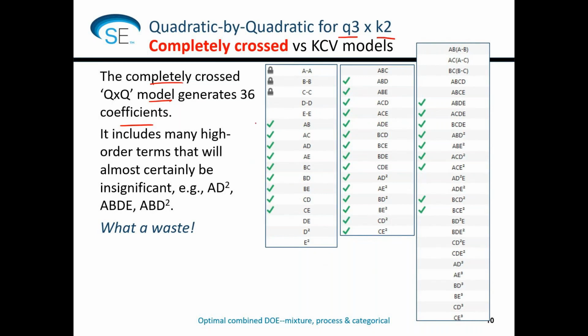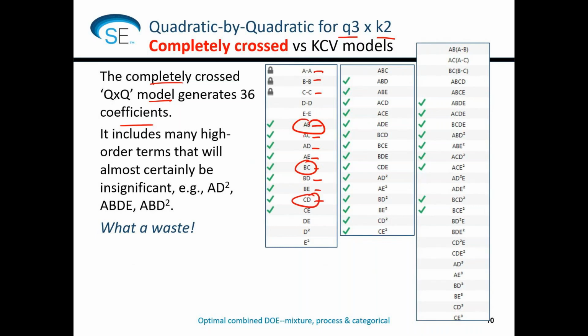We're looking at a quadratic model by quadratic model. And so for the mixture model, we've got the 3 main component effects. We've got the 1, 2, 3, 4, 5, 6, 7, 8. We've got 1 combination of A and B component, 1 combination of B and C, and 1 combination of C and D. So this is the quadratic of the mixture.